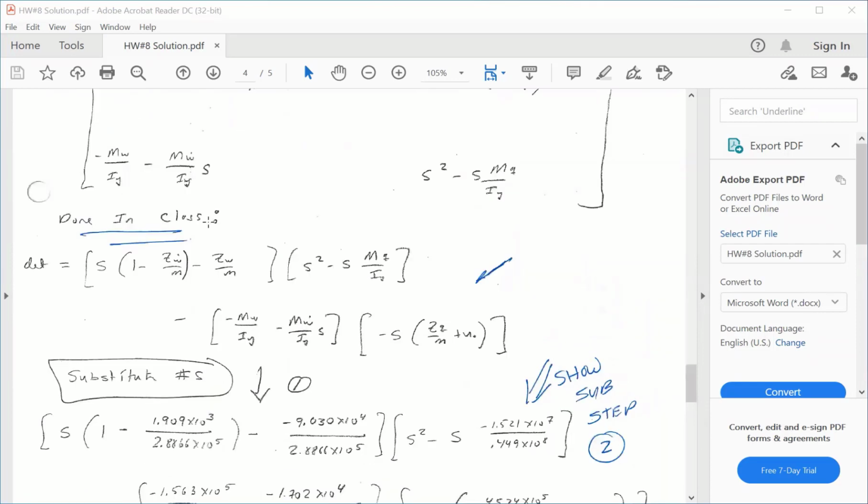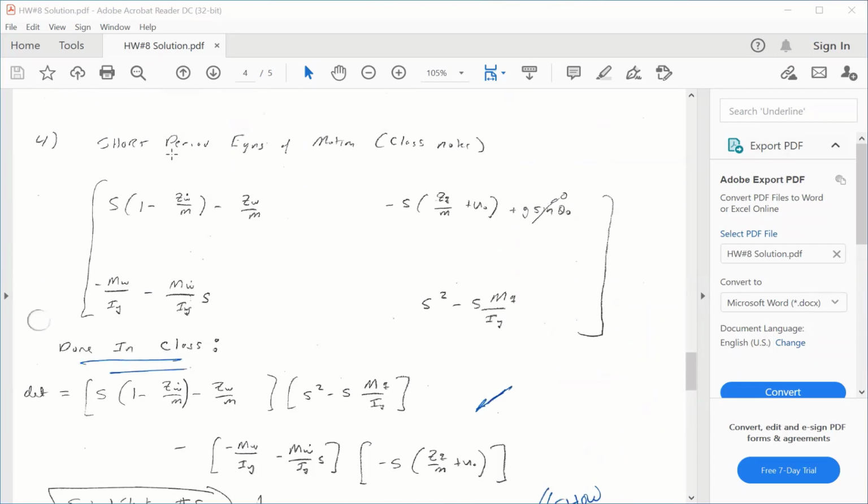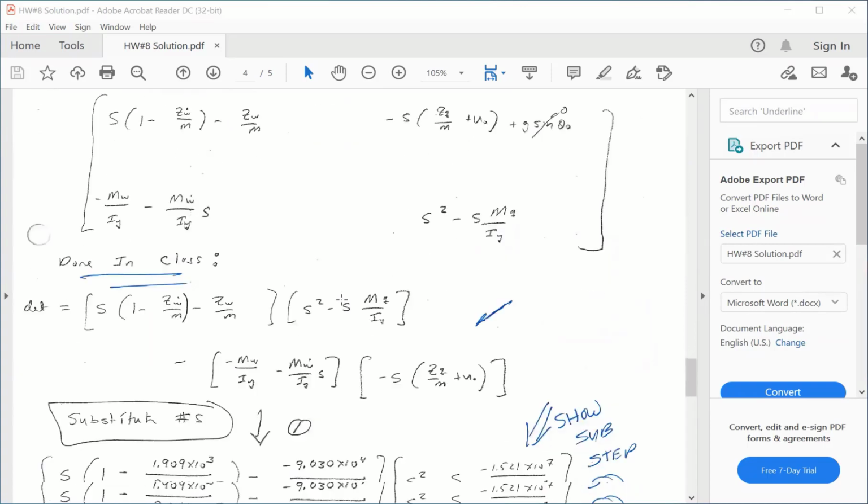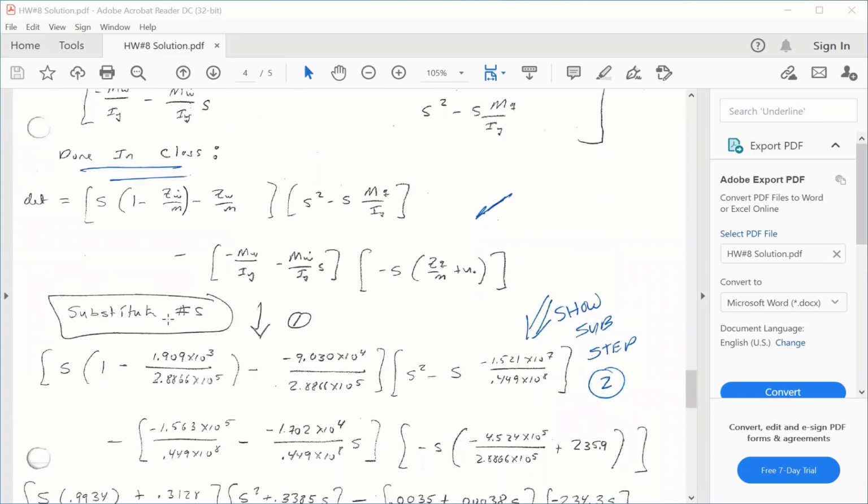So we did what I'm listing here, the short period mode. We did the 2 by 2 matrix, and then we took the determinant. So this we had from the class on Monday, is this determinant here.